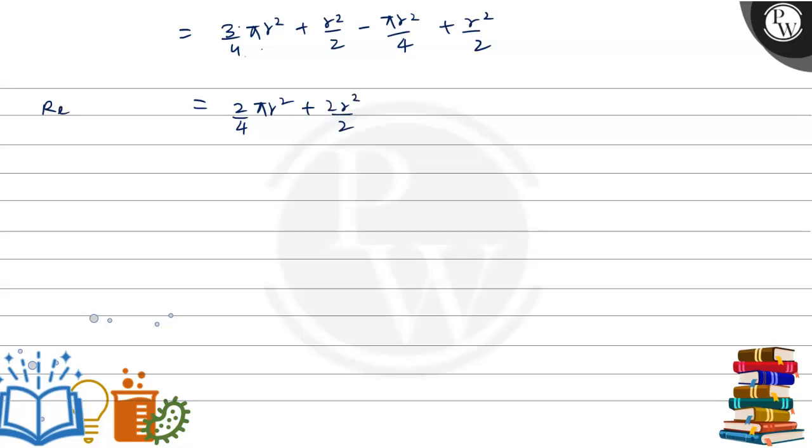This is the required area, in centimeters square. Moving further, we can solve this more. So it will be 1 by 2 pi r square plus r square centimeter square. So we have the required area.